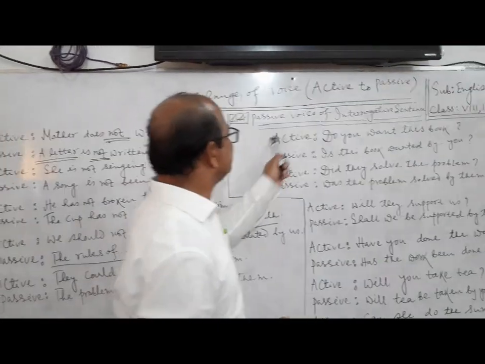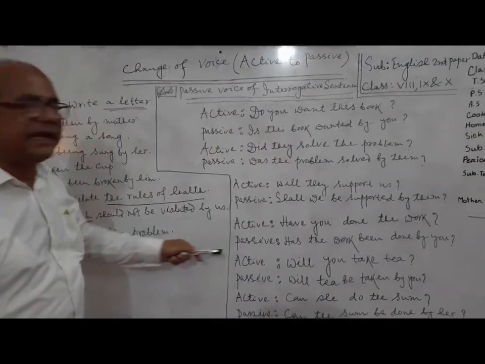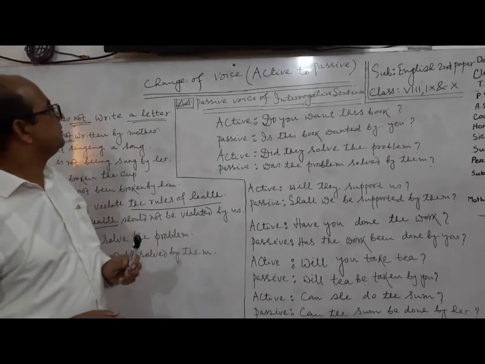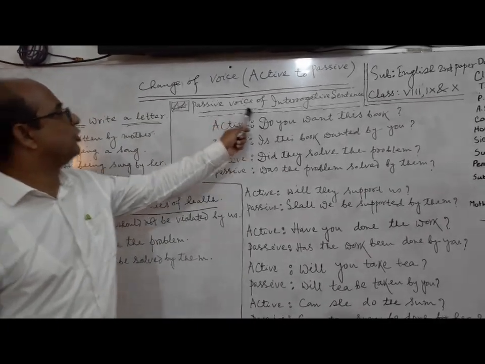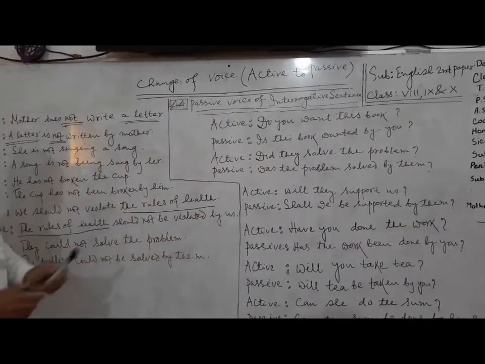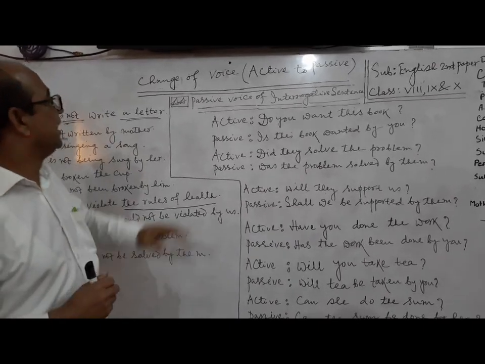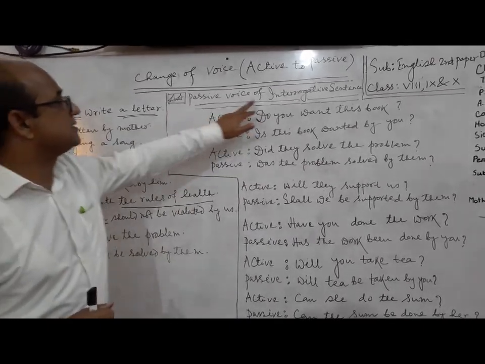Now here are some sentences which are given in interrogative mode. I have also written the passive voice of interrogative sentences here for the sake of you. Why? You will think it is an interrogative sentence.